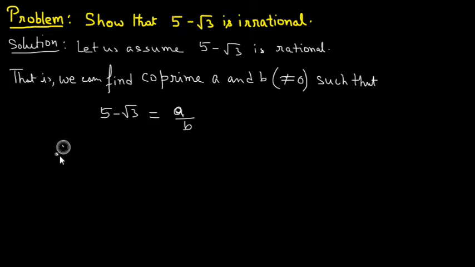Therefore, we can write 5 minus a upon b is equal to root 3.